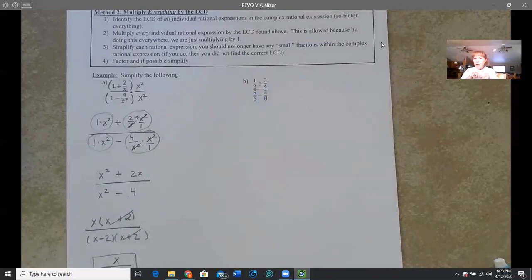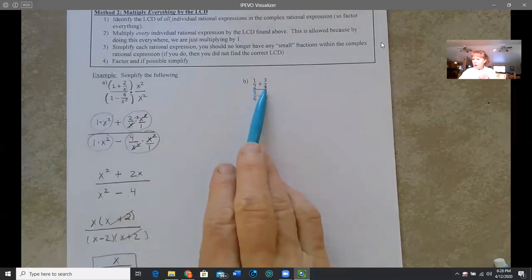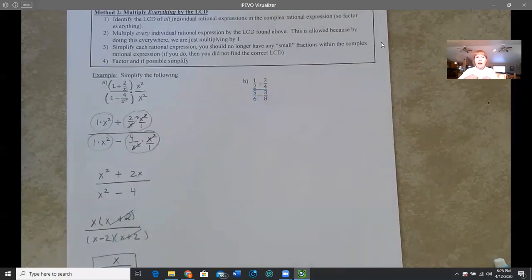Now, when you do that, each of these bottom denominators should cancel out if you've done it right. And then we'll simplify. So you need to ask yourself, what do 2, 4, 6, and 8 all go into? Well, that would be the number 24.